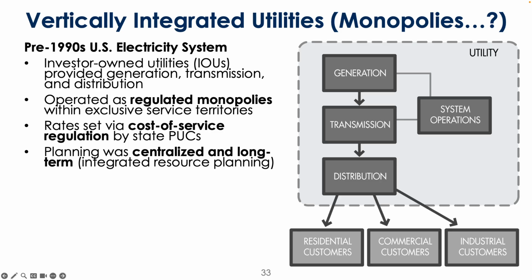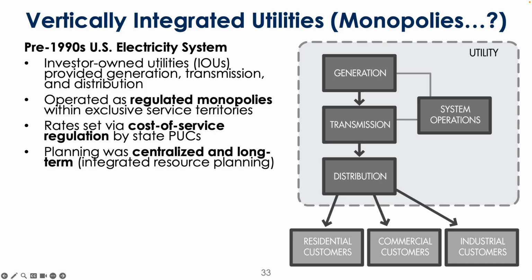So prior to the 1990s, investor-owned utilities were vertically integrated and provided generation, transmission, and distribution. And they are monopolies. They operate as regulated monopolies within particular service areas. And then the regulation really kicks in where you have rate setting.